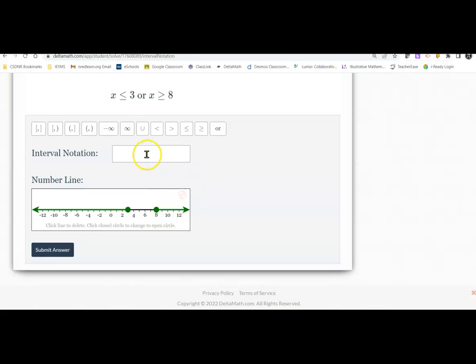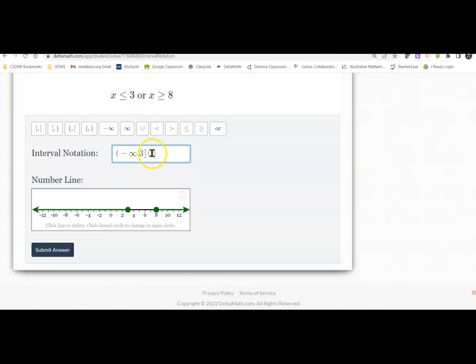And now we're going to use interval notation. An arrow means parentheses, solid circle means bracket. That's this one: -infinity, arrow over the comma to 3.